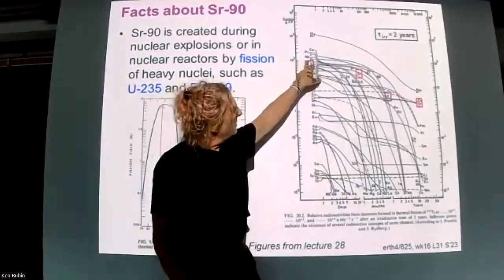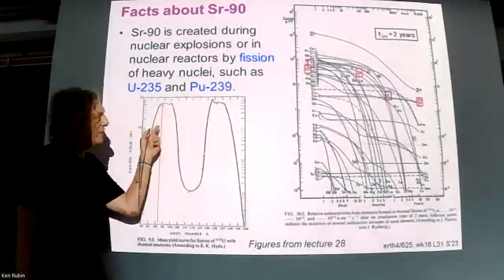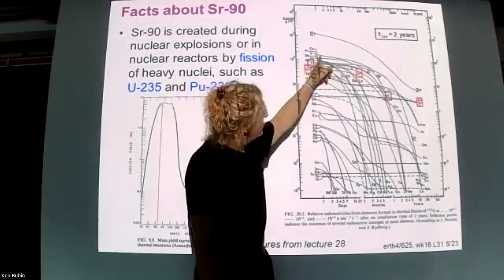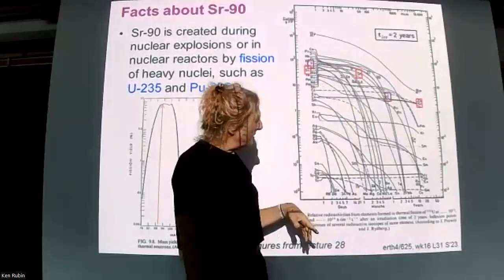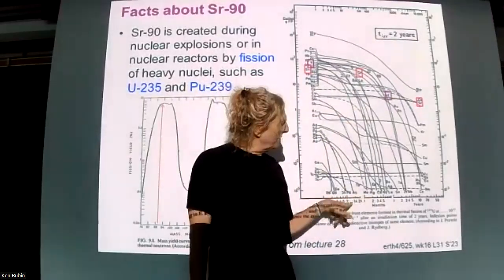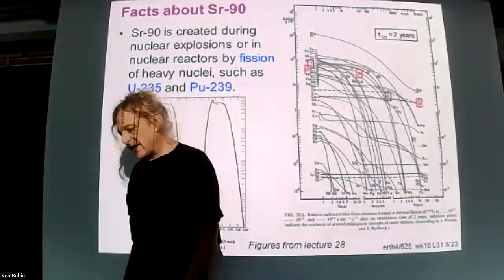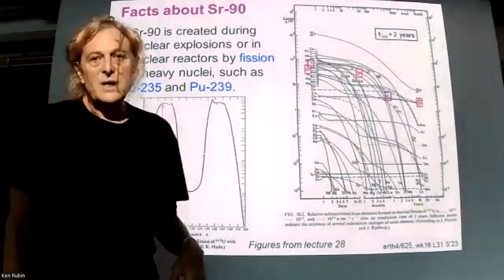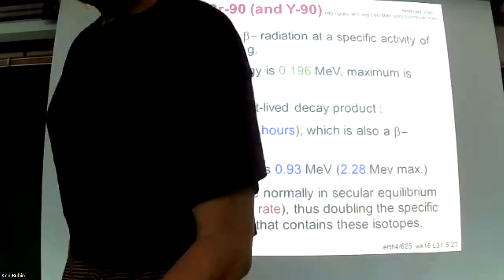Yttrium has its own curve because it's also produced in this process, but more of it is produced when strontium decays into it. So yttrium also has a kink. And you can see that, even over a time scale of multiple decades, there's still plenty of this stuff around, and we still see it as a principal component of the nuclear fallout.